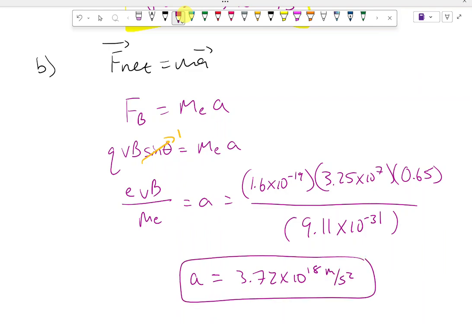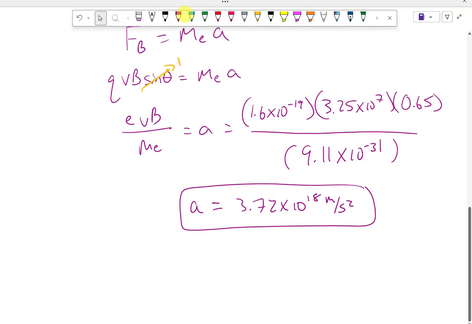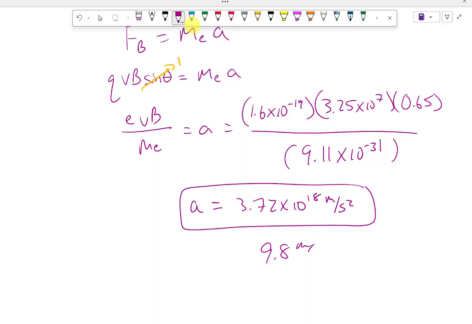There is no limit on acceleration. Acceleration, as far as we know, can be as large as you want it to be. So what is that in terms of g? Remember, g is 9.8 meters per second squared. Basically, it's asking how much of g this acceleration would be.